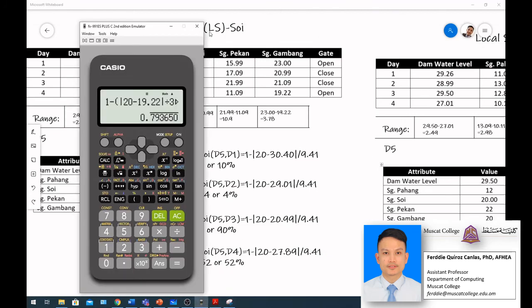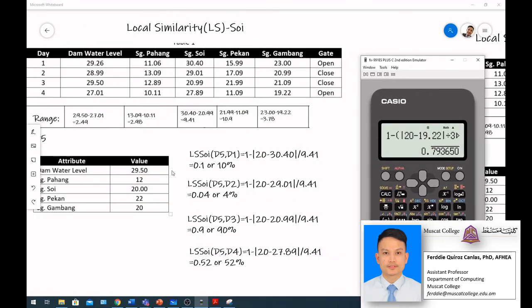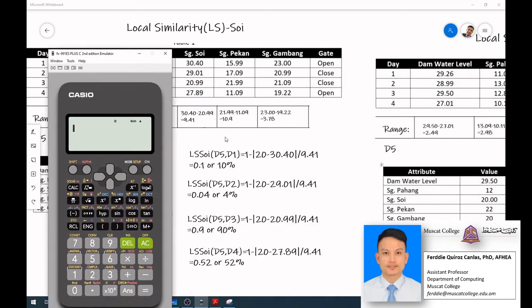Let's verify your answers. So this will be 20 soy, this is 20 minus 30.4. Okay, clear. So 1 minus close parenthesis shift absolute value of 20 minus 30 out divided by 9.41 close parenthesis equals SD. Do we have the same output?